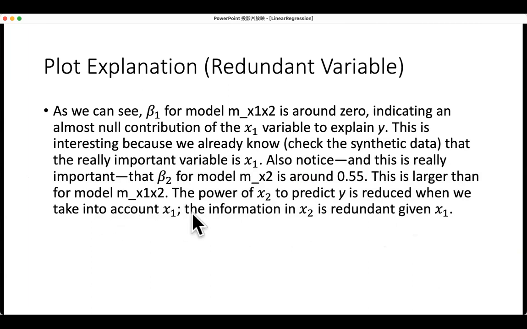The most important thing is that the information in X2 is redundant given X1. Some of the explanation here is wrong, and I actually have it corrected.